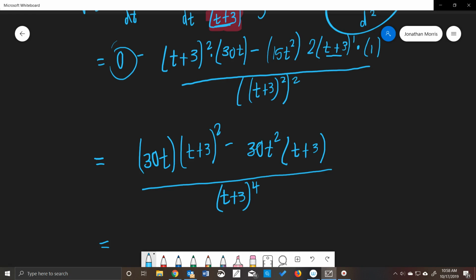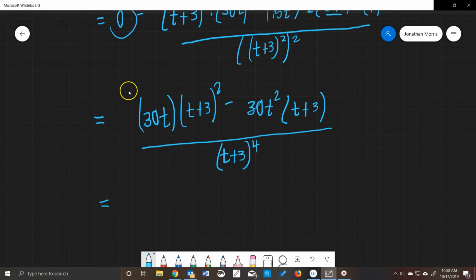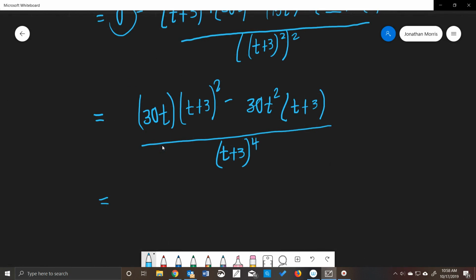I don't find that useful because I saw that t plus 3 is really a GCF because it happens in both parts. Okay, so I can take out a (t plus 3) to the first power. I could also take out a 30t as a GCF, and what I would be left with, okay, I took out 30t. So that's 1. I don't really need to write that 1 there.